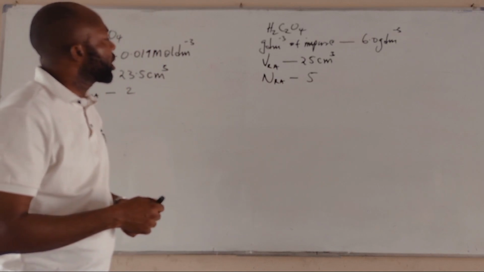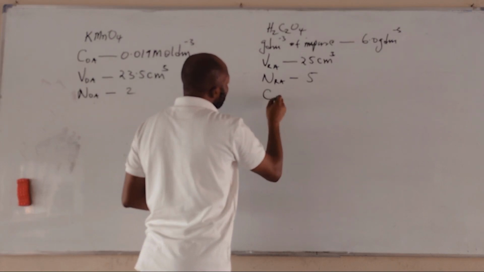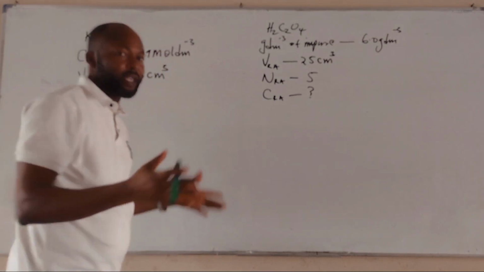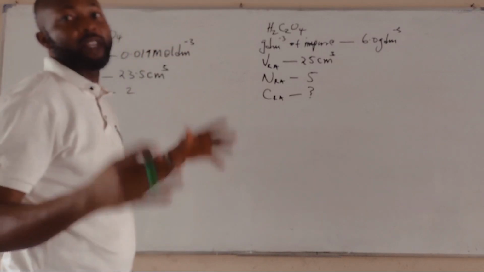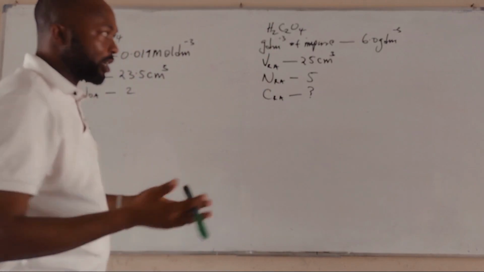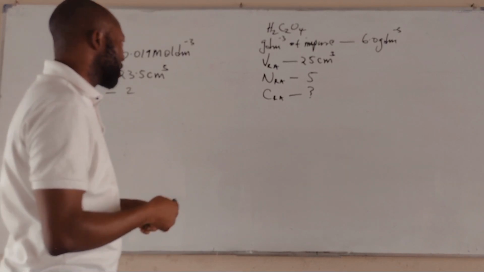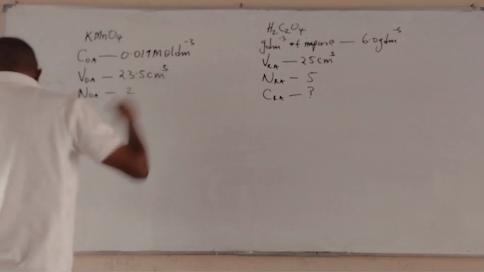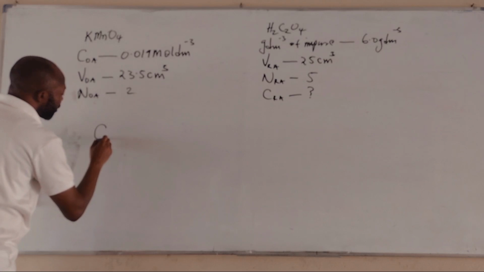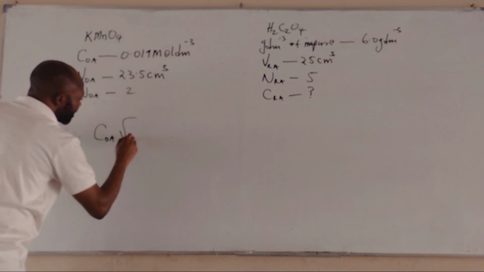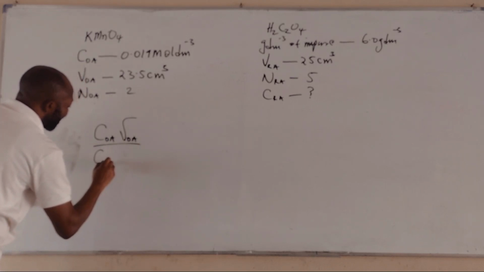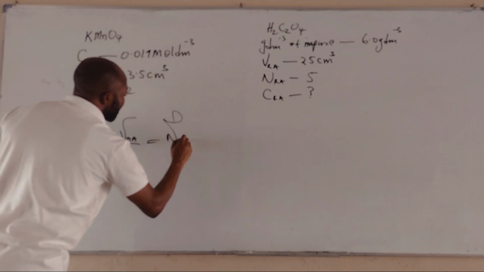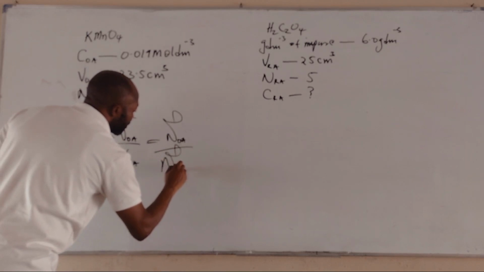So the concentration of the reducing agent is what we should look for first. It's kind of complicated. You have to get one thing, then go get another, then move straight to what they're asking you, but you have to pay attention. If you know all the formulas, you know how to apply them. So let's see how we get the concentration of the reducing agent. Remember our formula: concentration of oxidizing agent times volume of oxidizing agent over concentration of reducing agent times volume of reducing agent equals number of moles of oxidizing agent over number of moles of reducing agent.